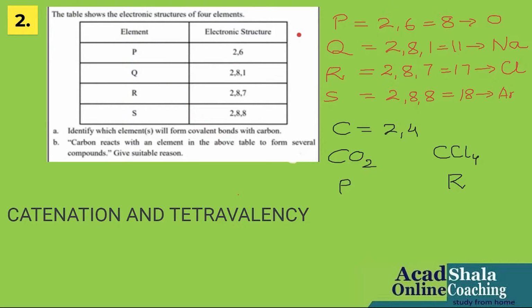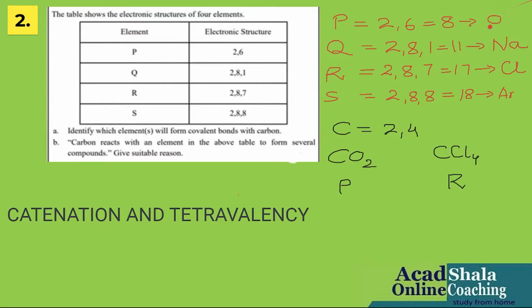But how? In my corner I have written P, and its EC is given as 2,6. I have added these two numbers, 2 plus 6, that is 8. This is the atomic number of element P, and I know, because I have revised very nicely, that atomic number 8 is oxygen.